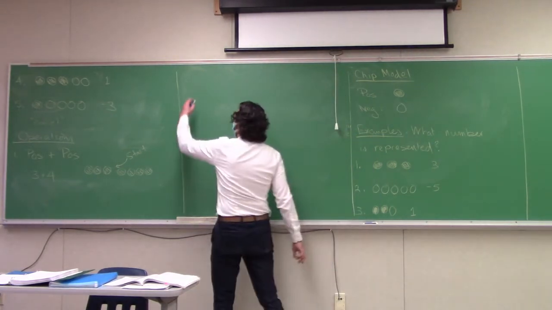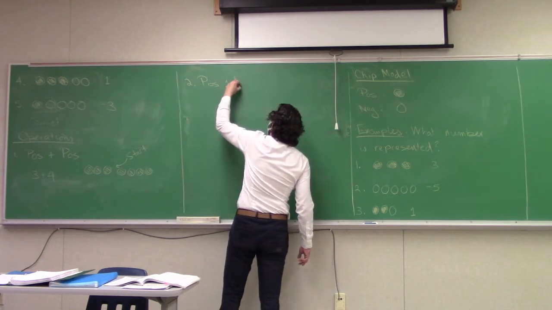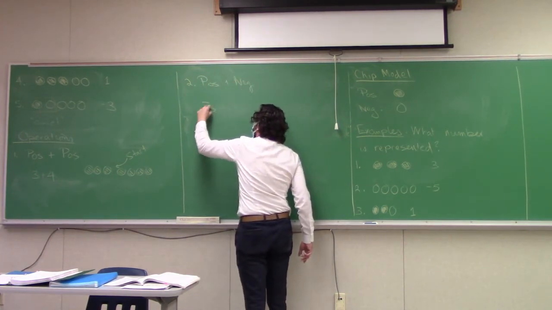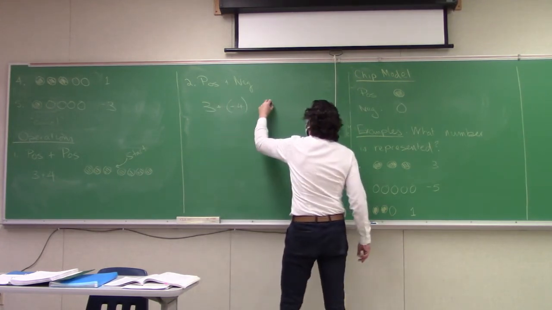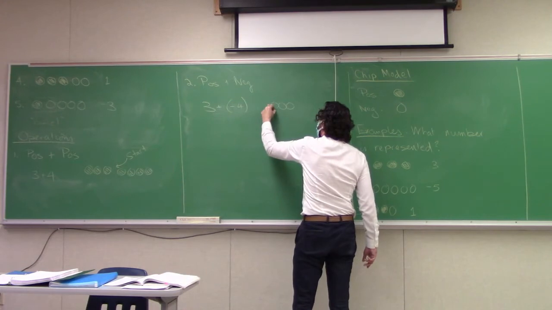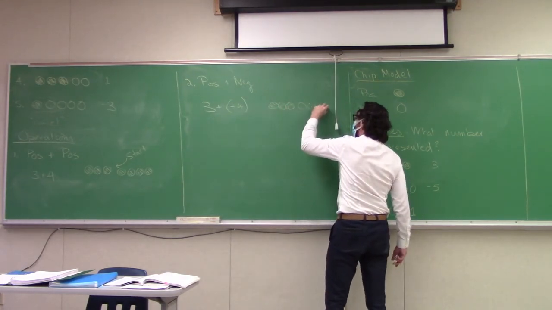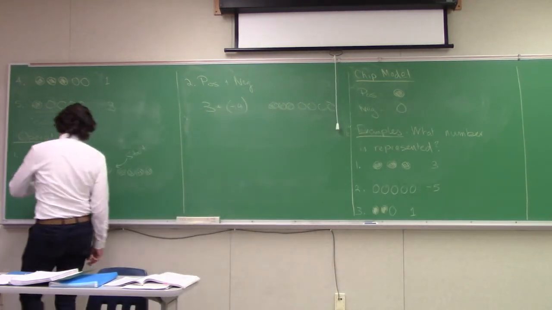If you did positive plus negative, well, let's do something like that. Let's do 3 plus negative 4. We start with 3 filled in chips. 1, 2, 3, 4. Oh, I guess I should actually write the answer here.